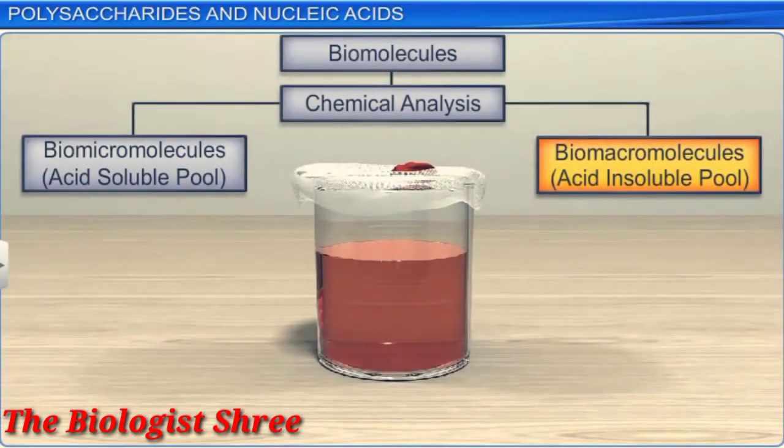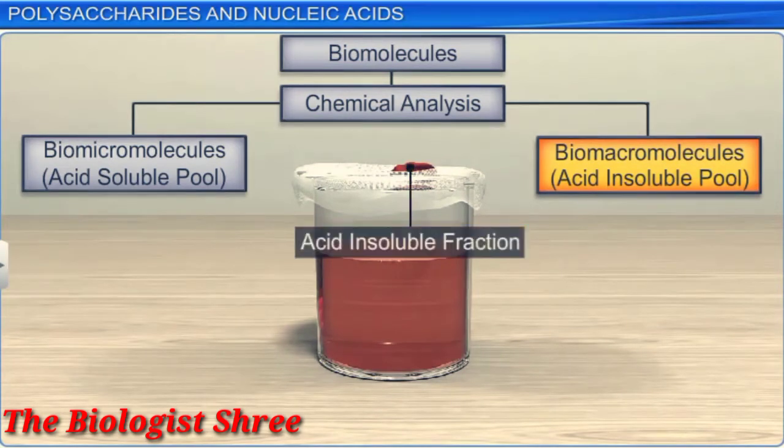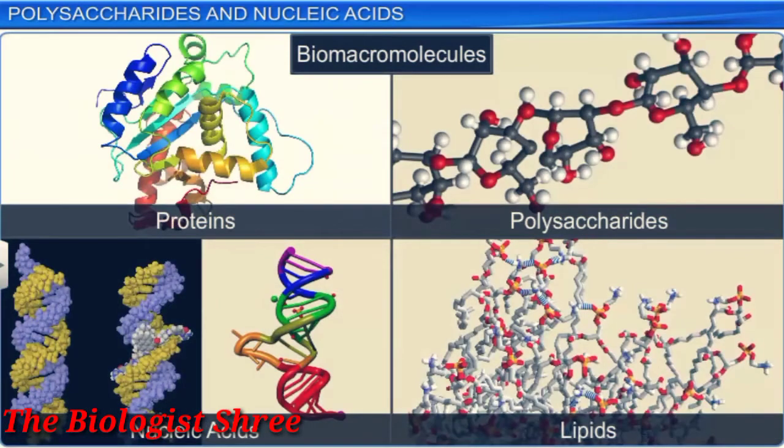On the other hand, biomacromolecules are compounds found in the acid-insoluble fraction. They have molecular weights in the range of 10,000 daltons and above. Biomacromolecules, or compounds which come from the insoluble fraction, are proteins, polysaccharides, and nucleic acids.